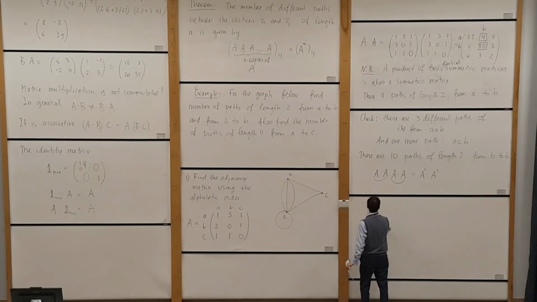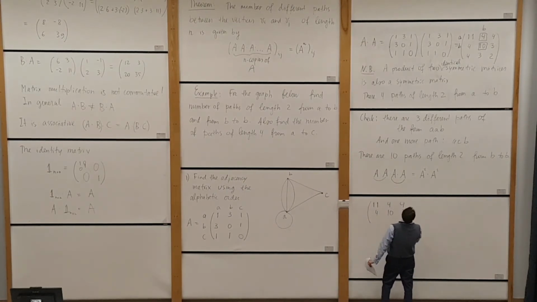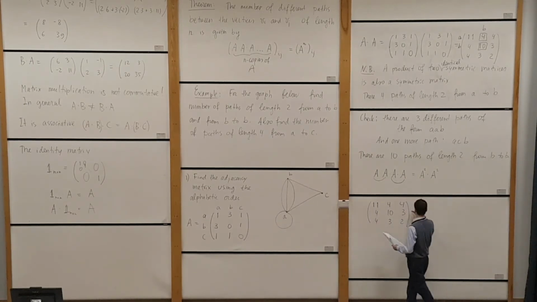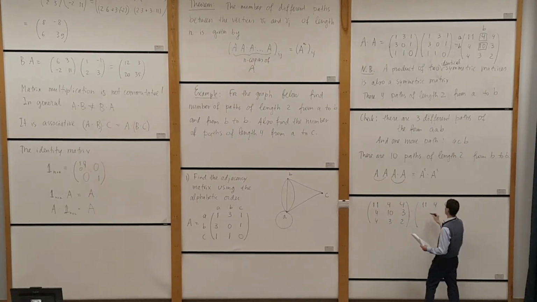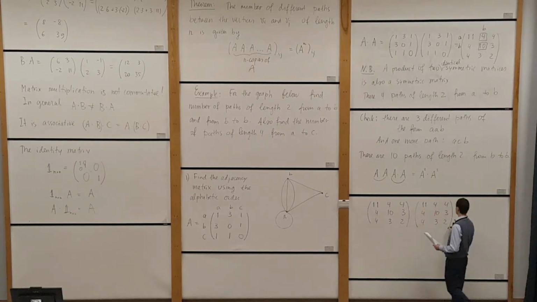So I'm taking 2 copies of the square, A times A. So I take that matrix, I calculate 11, 4, 4, 4, 10, 3, 4, 3, 2, times the same matrix, 11, 4, 4, 4, 10, 3, 4, 3, 2.